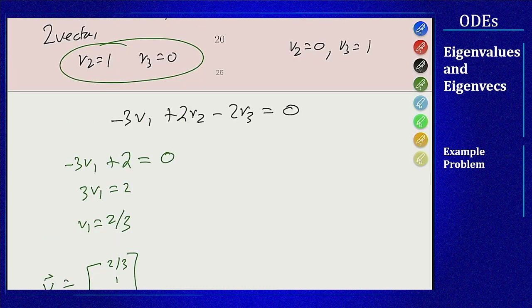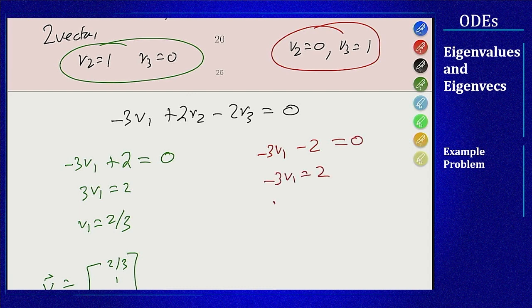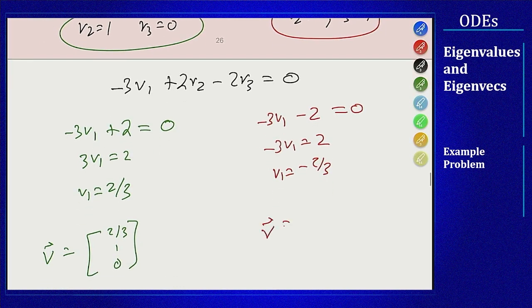On the other hand, if we pick v2 being 0 and v3 being 1, we will end up with -3v1 minus 2 equals 0, -3v1 equals 2, v1 is -2/3, and an eigenvector then of -2/3, 0, and 1.